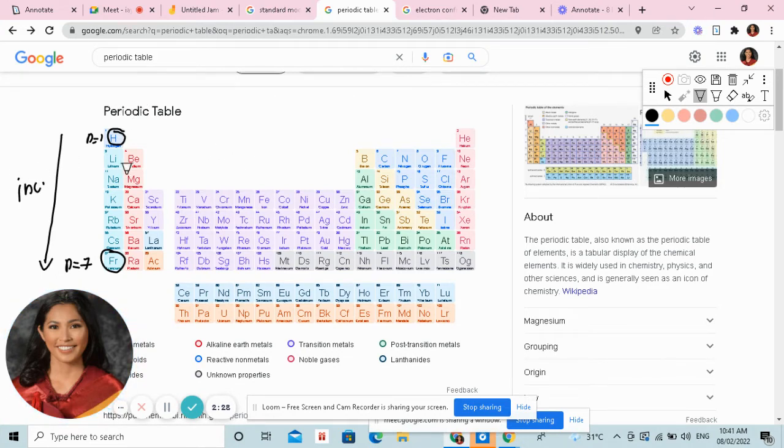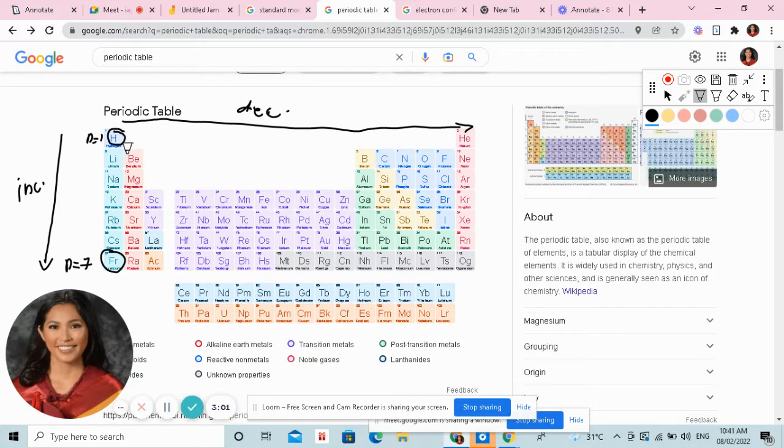But as we go across the periodic table, atomic size decreases. Why does it decrease? Because the nuclear charge is greater here, so the electrons are more attracted to the nucleus as we go across the periodic table.